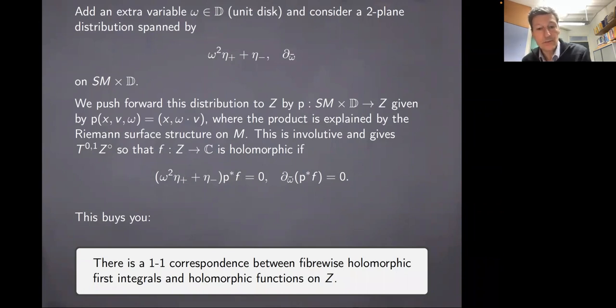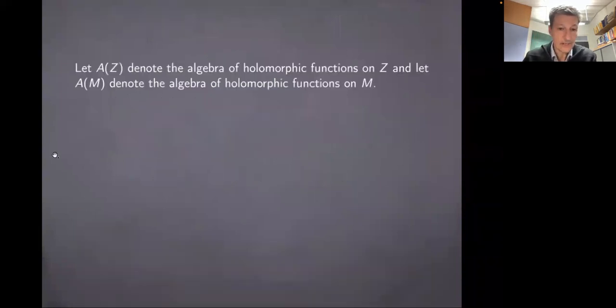And once you see this, you cannot look at this problem in any other way. All these things that we've been dealing with were just honest holomorphic functions on Z that were extending as nice C-infinity functions on SM, picking up exactly first integrals. So this is great, you're very happy.